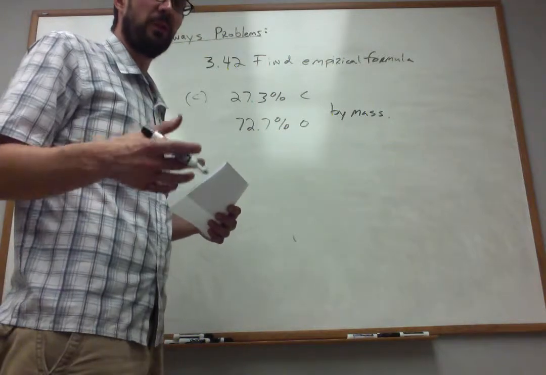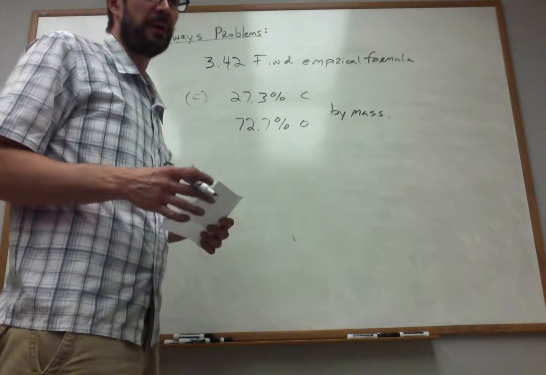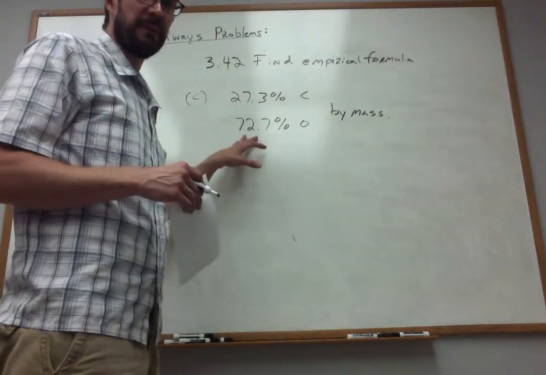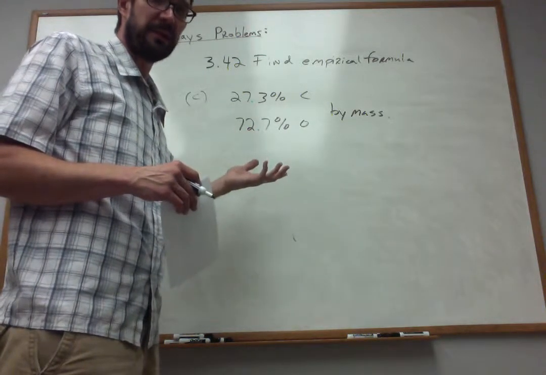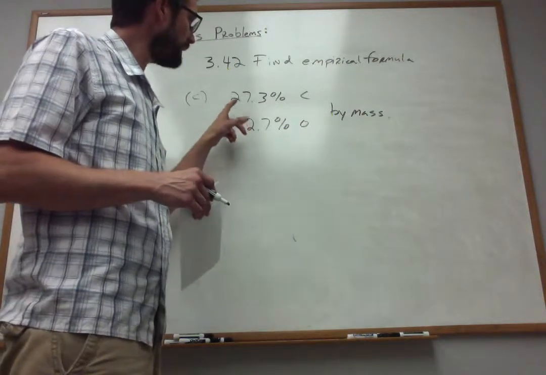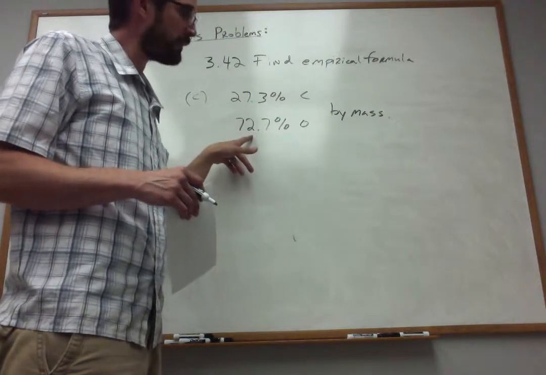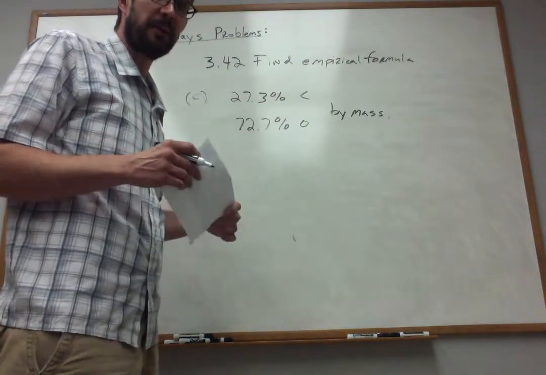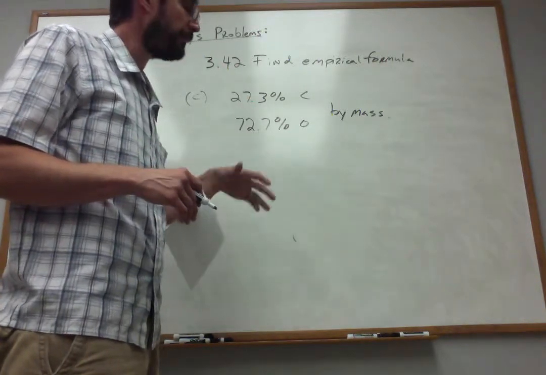And the beauty of doing that, of course, is that this mass composition remains the same. It doesn't matter how much you've got. If I've got 10 grams, 100 grams, 1,000 grams, it's always 27.3% carbon, 72.7% oxygen. It's the characteristic of the material. These numbers don't scale with the amount.